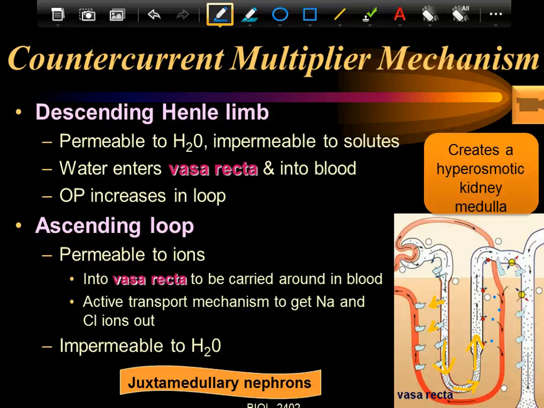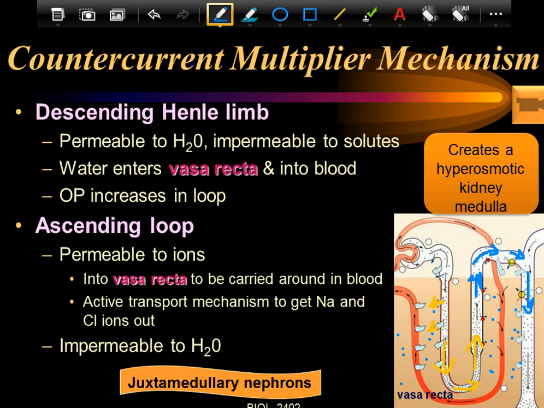Sodium is now accumulating out here. Remember the water can't get out over here. So now the urine goes out the DCT and ends up in a collecting duct.